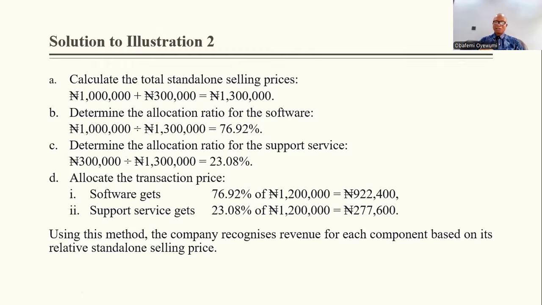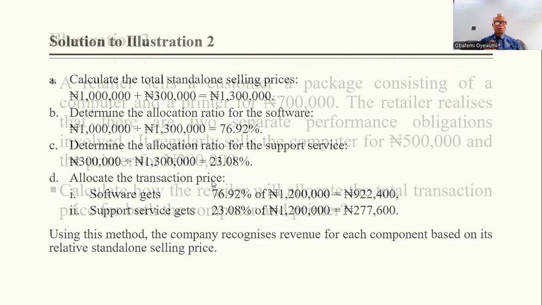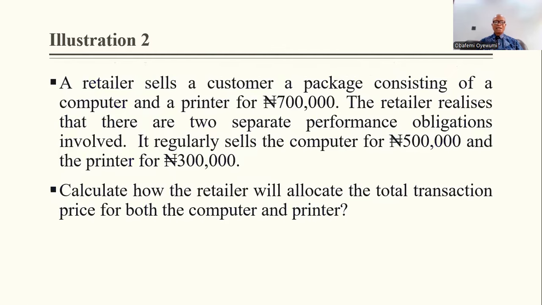So in this case, the company has recognized the revenue for each component based on its relative standalone selling price. Let's look at the second illustration. A retailer sells a customer a package consisting of a computer and a printer for 700,000.